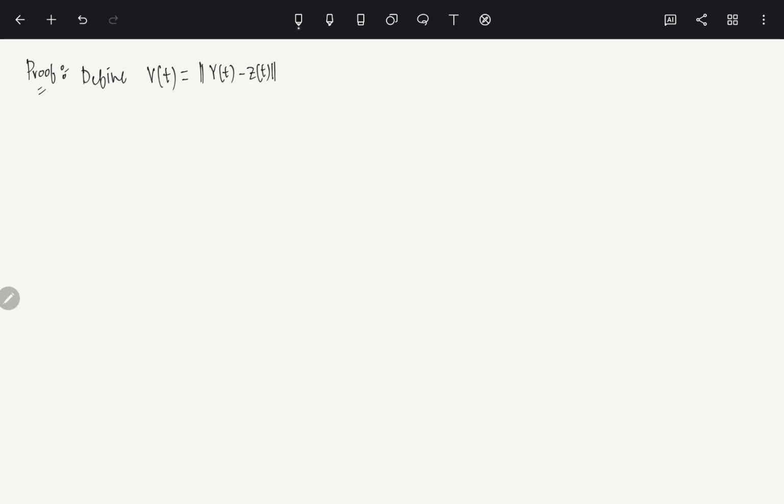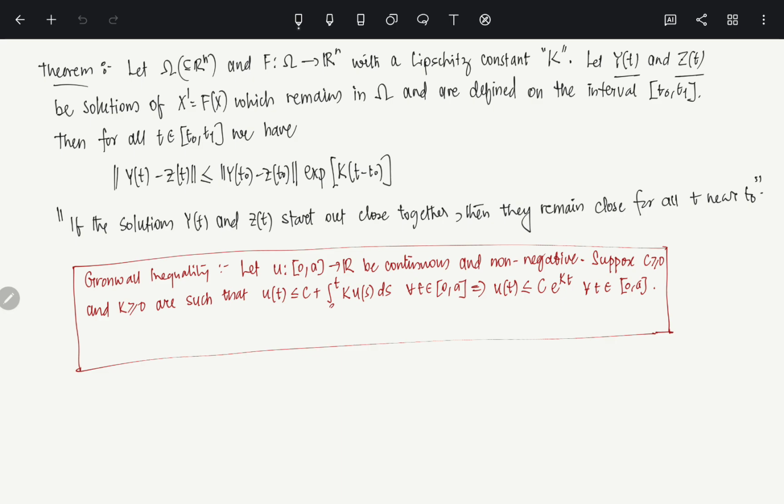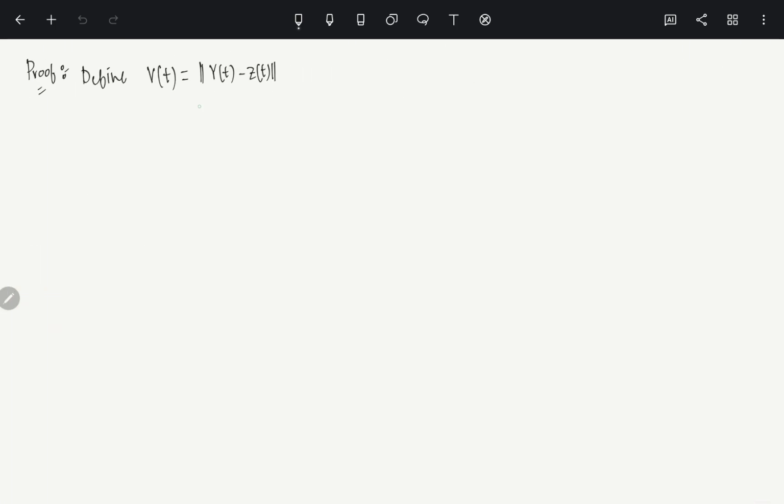Here t is varying between t naught and t1. So for t between t naught and t1, V(t) is defined to be the norm of y(t) minus z(t).